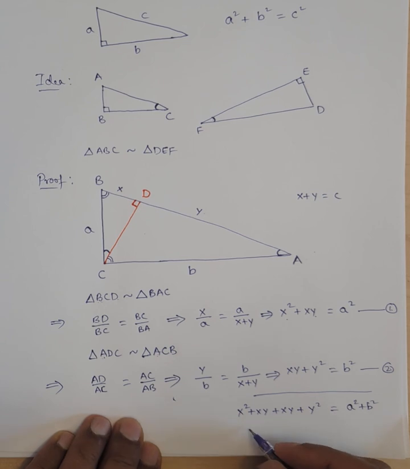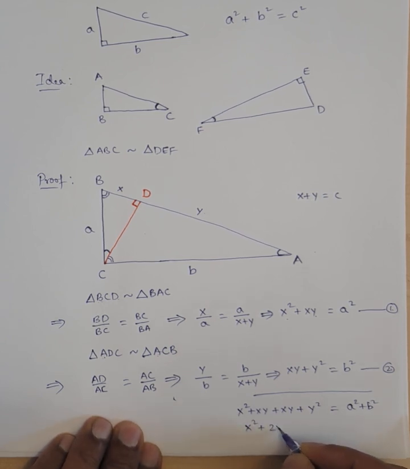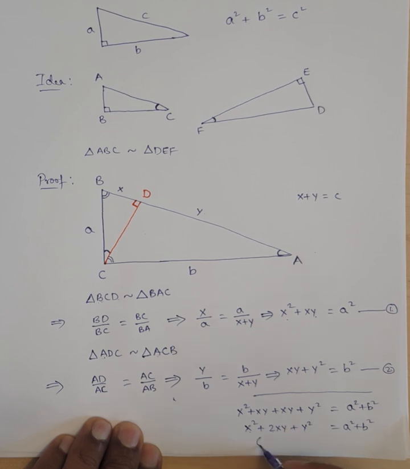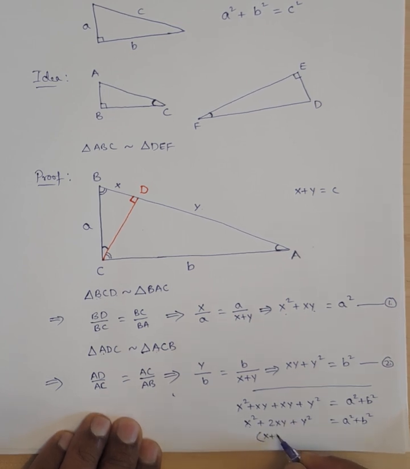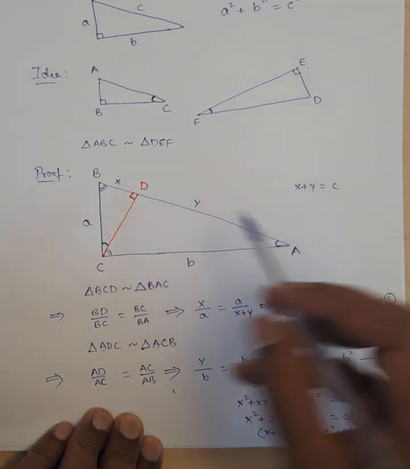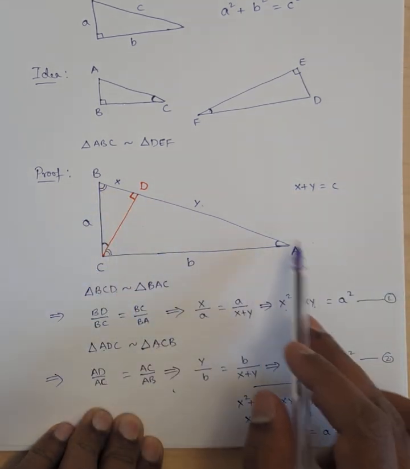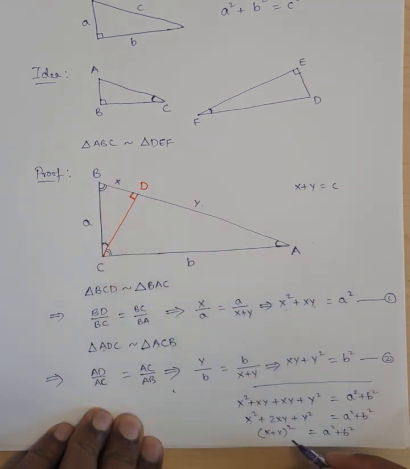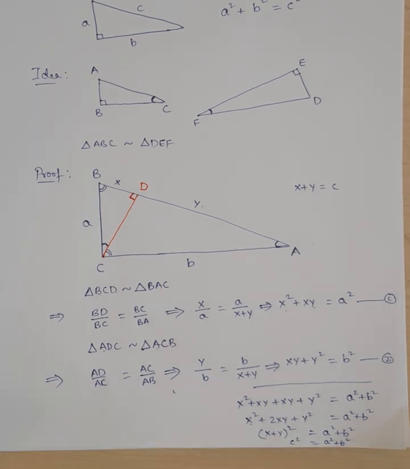And this quantity, x square plus 2xy plus y square, is equal to a square plus b square. But this is nothing but x plus y quantity square is equal to a square plus b square. But x plus y is nothing but c. Notice x plus y is the length AB, which is c. So c square is equal to a square plus b square. And that's the end of the proof.